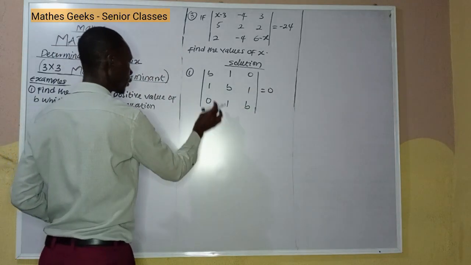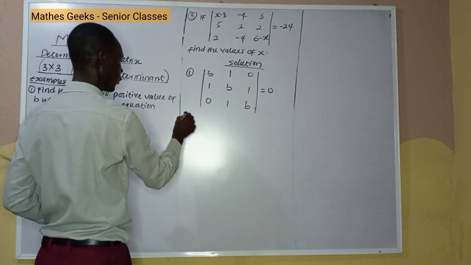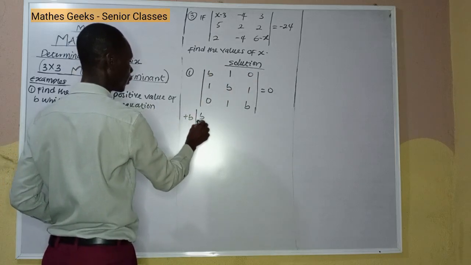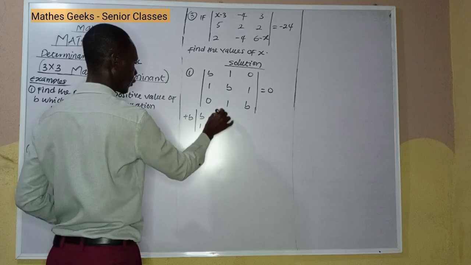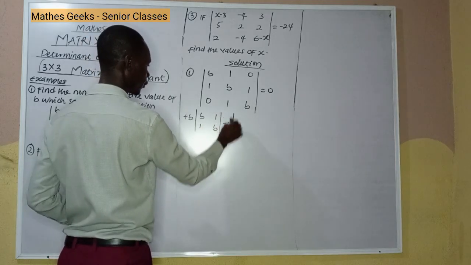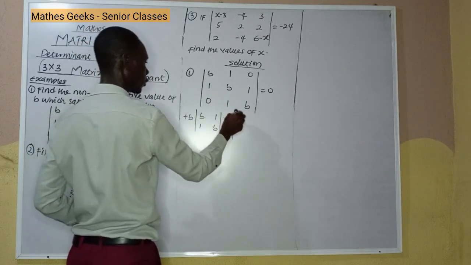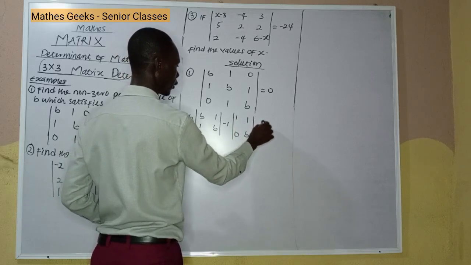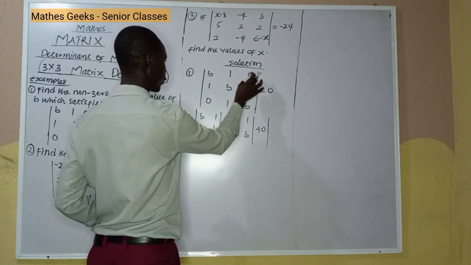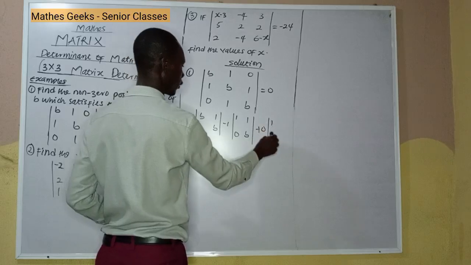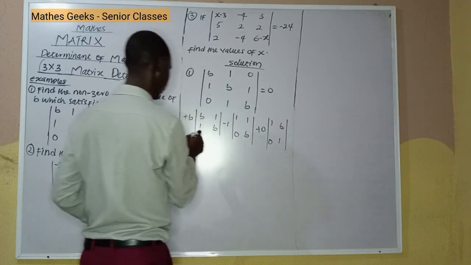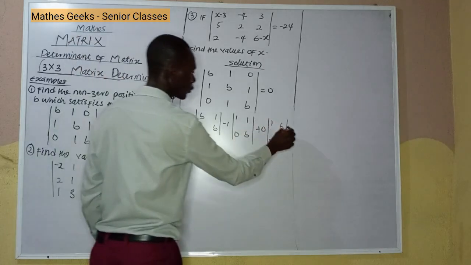So expanding the determinant: plus b times the determinant of b, 1, 1, b, minus 1 times the determinant of 1, 1, 0, b, plus 0 times the determinant of 1, b, 0, 1, equals 0.